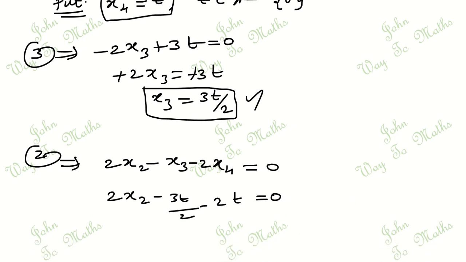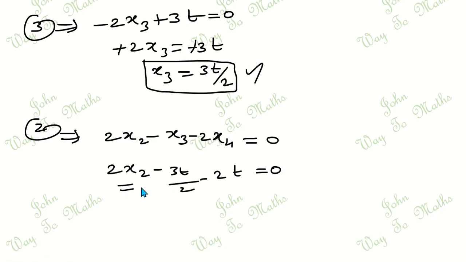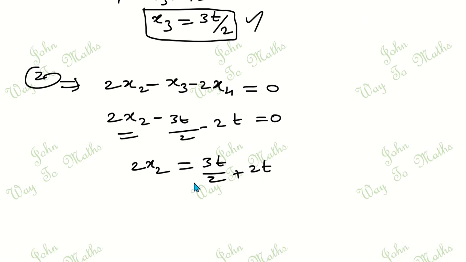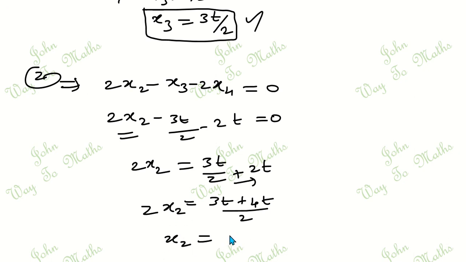So we need only x2. So keep this alone on the left-hand side and move the remaining terms to the right side. So plus 3t by 2 plus 2t. So here taking LCM, cross multiplication, we get 3t plus 2 twos are 4t by 2. Therefore, x2 is equal to 7t by 4.